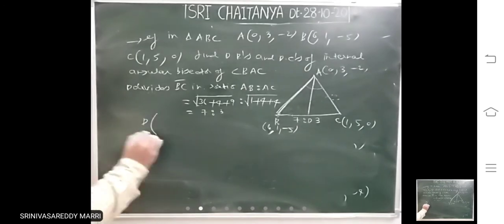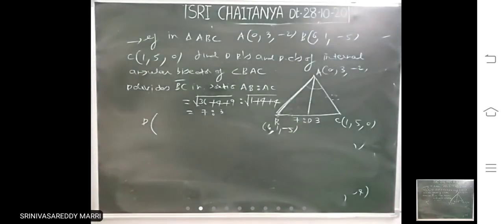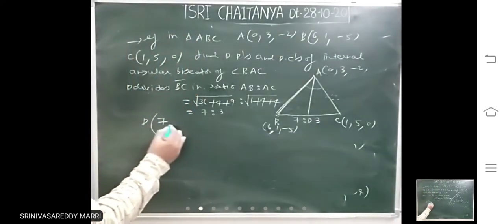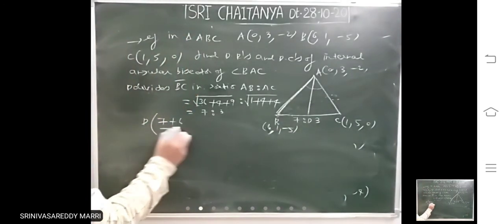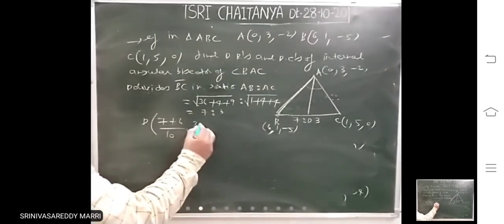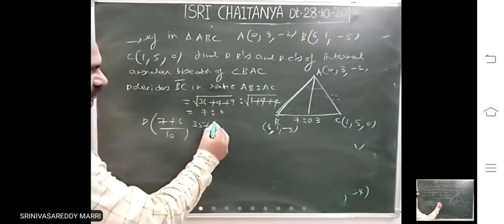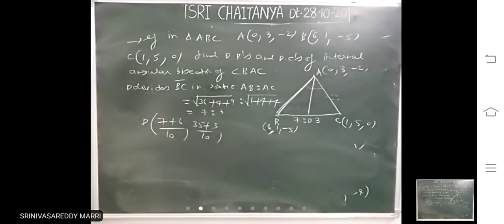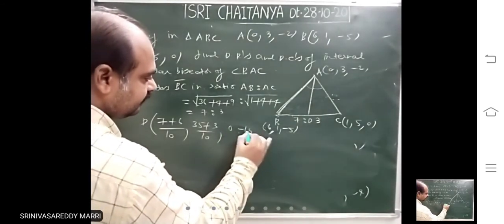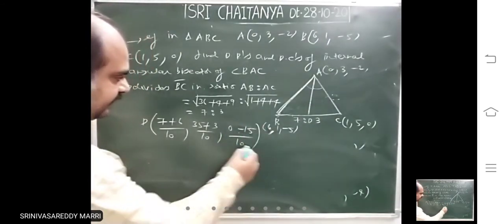So D point is nothing but the internal point which divides in the ratio 7 is to 3. So 7 into 1 plus 1 into 6 divided by 10. Next, 7 into 5, 35 plus 3 into 1, 3 divided by 10. Then 7 into 0, 0 plus 3 into minus 5, minus 15 divided by 10.